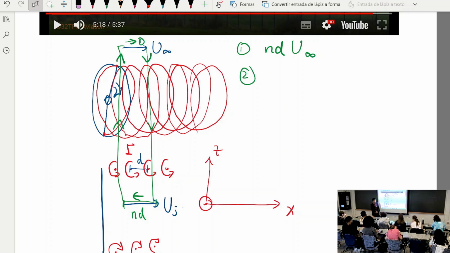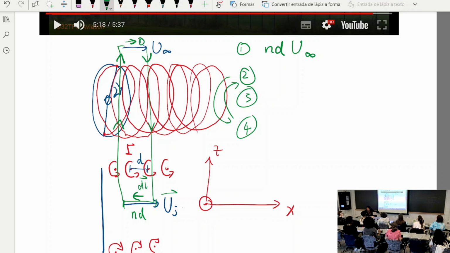Make sense? So the flow field is periodic, which means the flow field here is exactly the same as the flow field here. So 2 and 4 cancel each other. Okay? So we only have to compute number 3 now. Number 3, I'm integrating backwards with a dl that's opposite to the velocity vector, right? So what I get is minus nd, the length, times my uj.